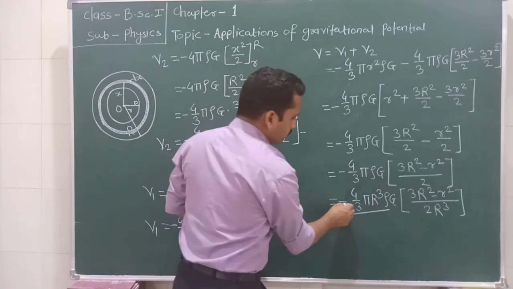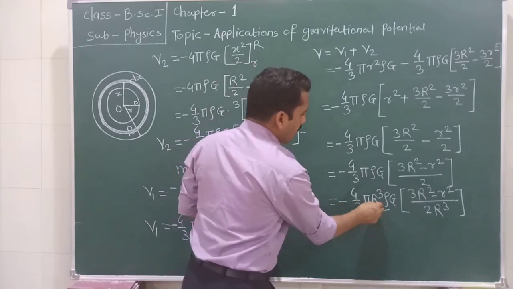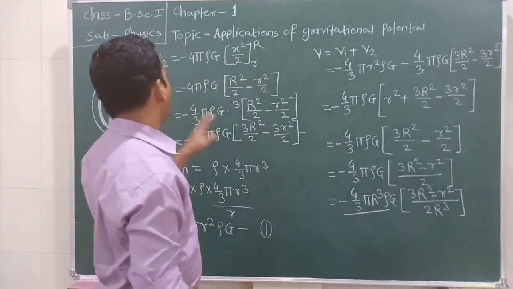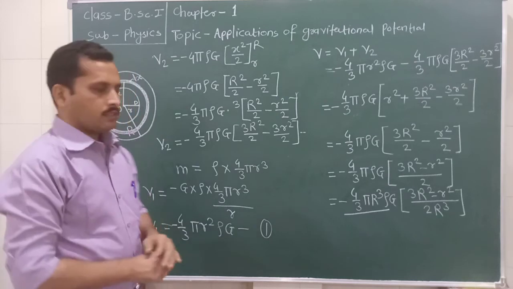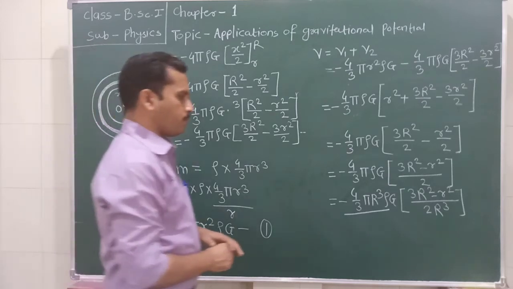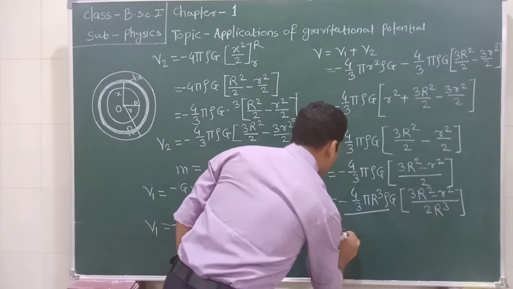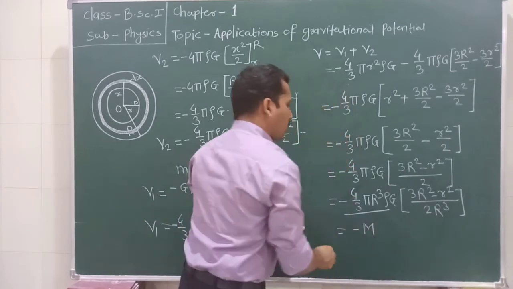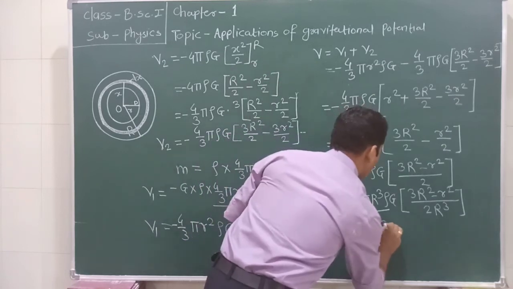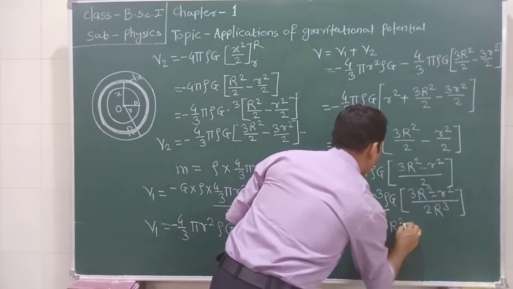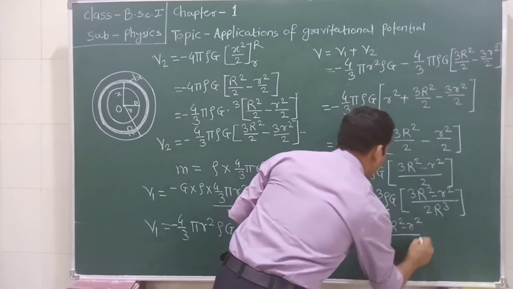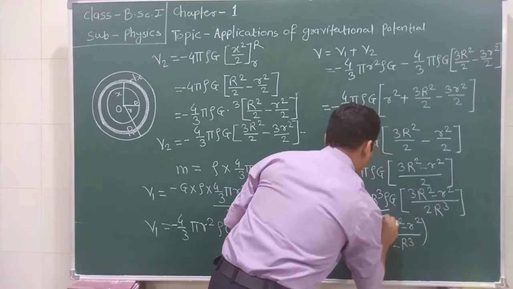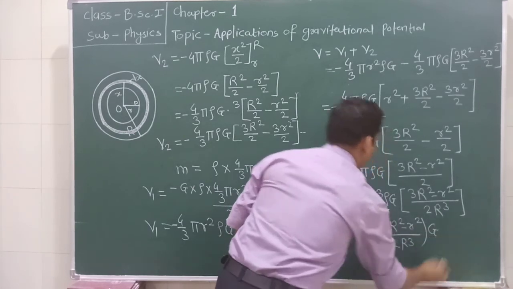Because 4 by 3 pi R cube into rho is nothing but the total mass of this solid sphere. So we can write minus M into 3R square minus r square divided by twice R cube, multiplied by g.